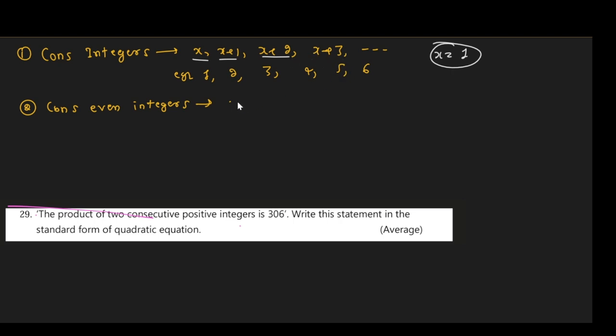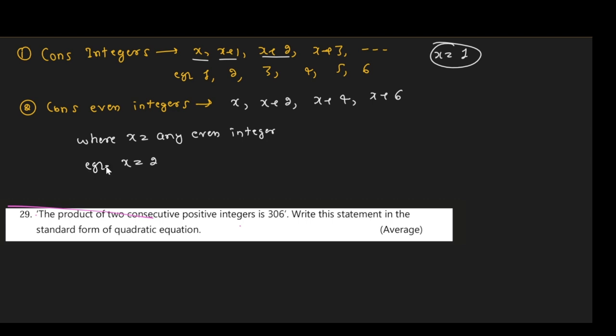Whereas in consecutive even numbers, the general formula is x, x plus 2, x plus 4, x plus 6. As you can see here, there is a gap of two between consecutive even integers, where x is any even integer, maybe 2, 4, 6 and so on.